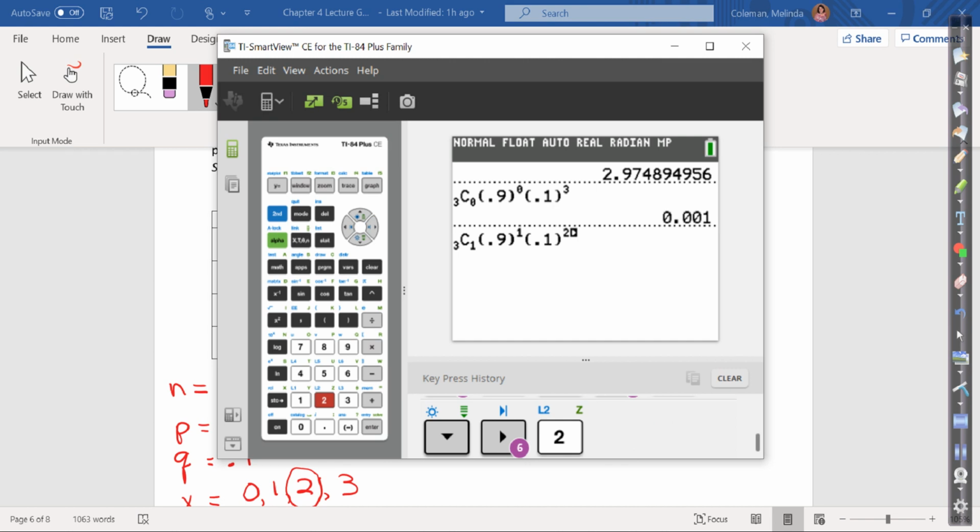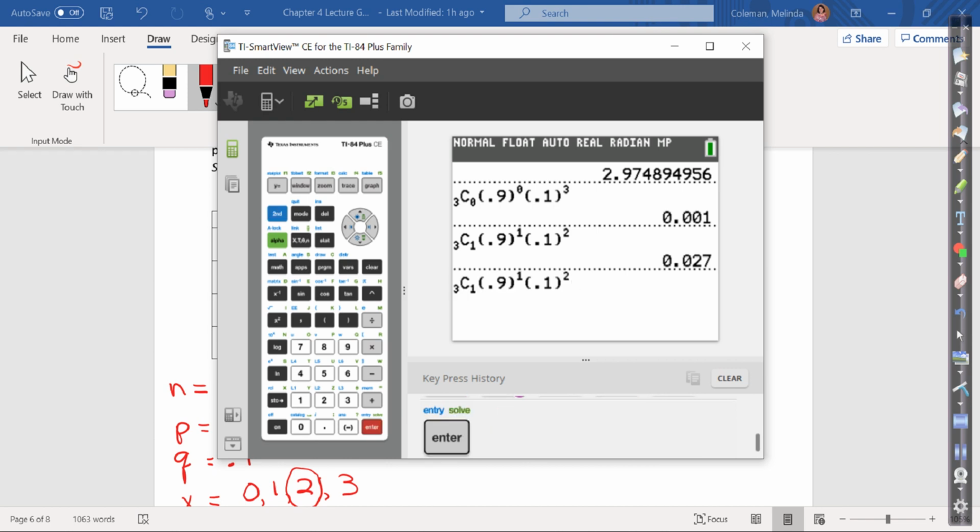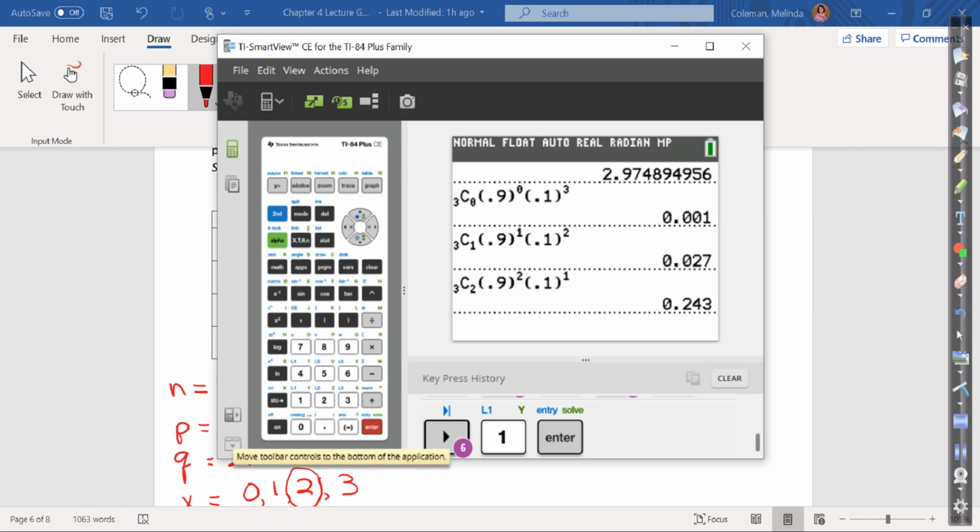Then hit enter. And that's 0.027. Then hit the back button, second enter, and now I can back everything up. 3C2, and then the 0.9 is to the second power, and the 0.1 is going to be raised to the first power. And enter, and then I can do it again for the last number.